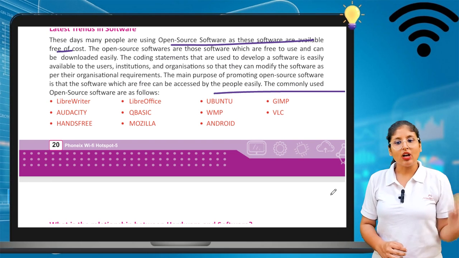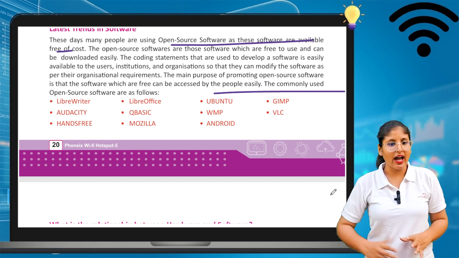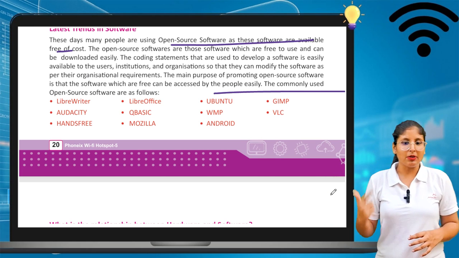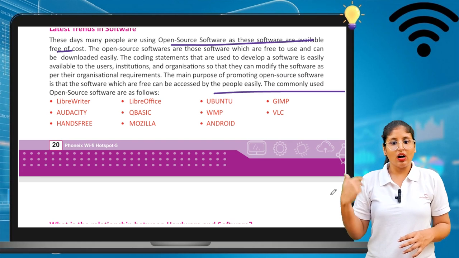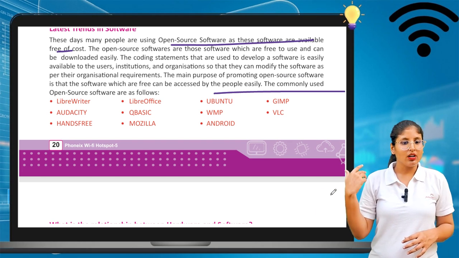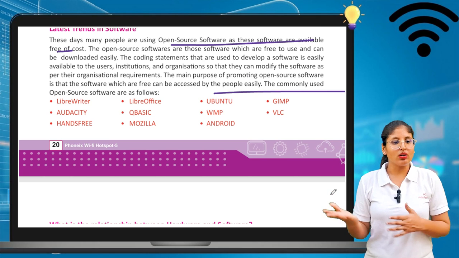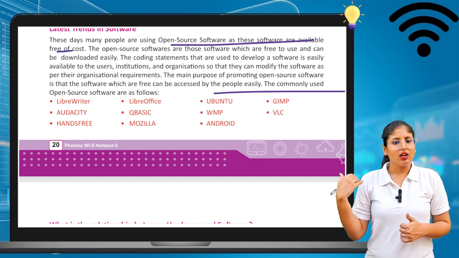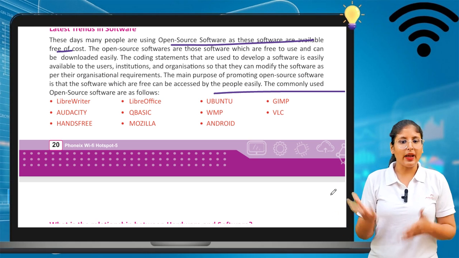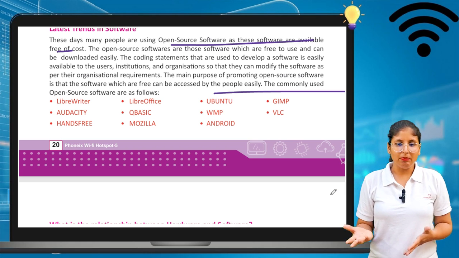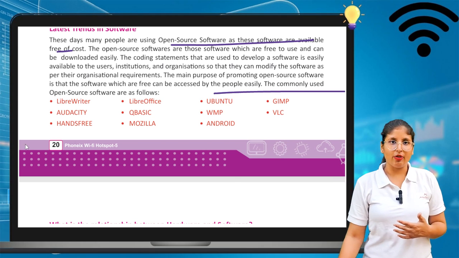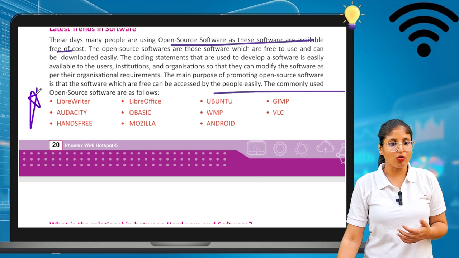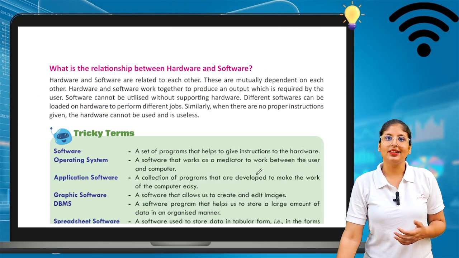Commonly used open source software are LibreWriter, LibreOffice, GIMP, Audacity, QBasic, VLC, Mozilla and Android. These are some open source software that are free to use.